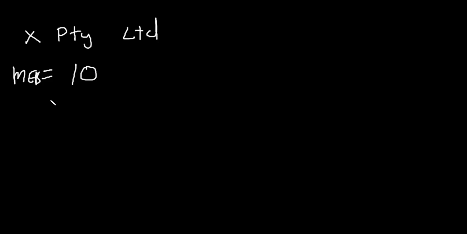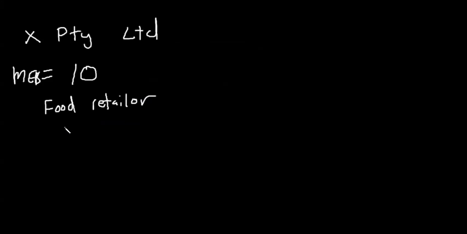X Limited is a food retailer. So a food retailer like Woolworths, Pick n Pay, Spar. That's what they are, a food retailer. Now, we're also told that the following information is relative to other similar food retailers.